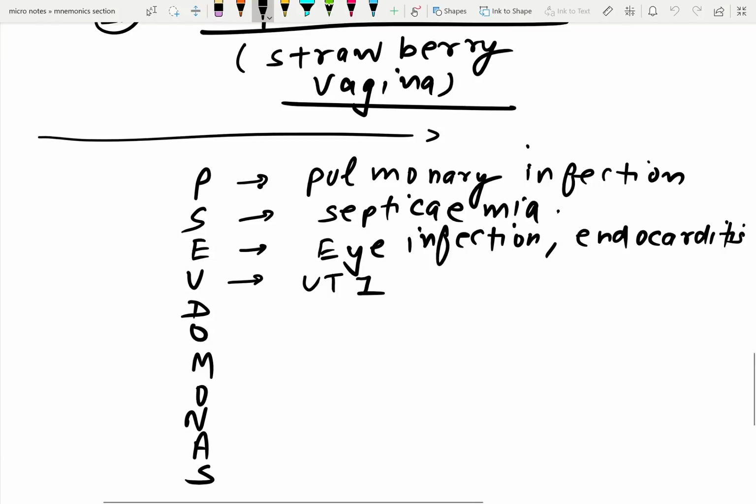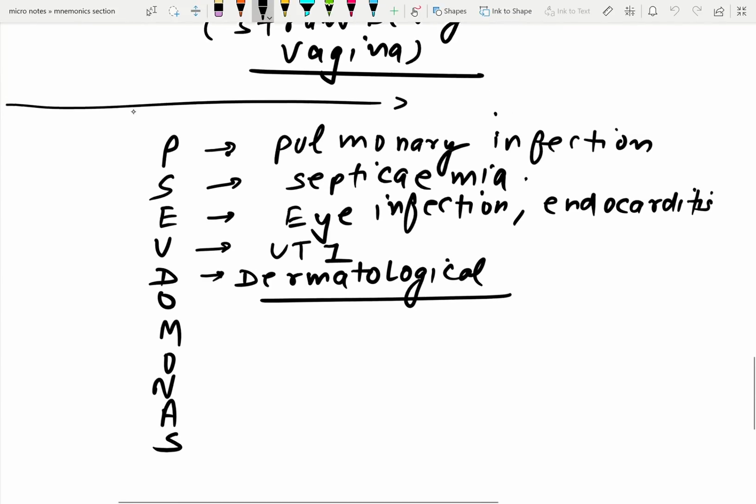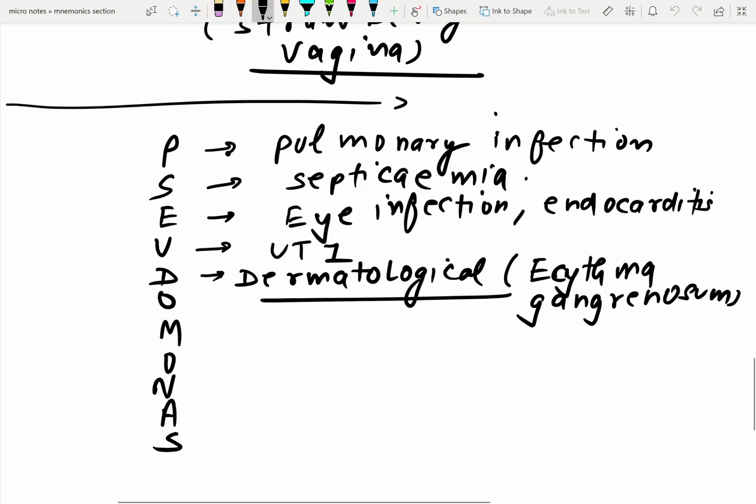D is the dermatological manifestation, which was asked in one of the exams. That is ecthyma gangrenosum. So remember this particular one also.